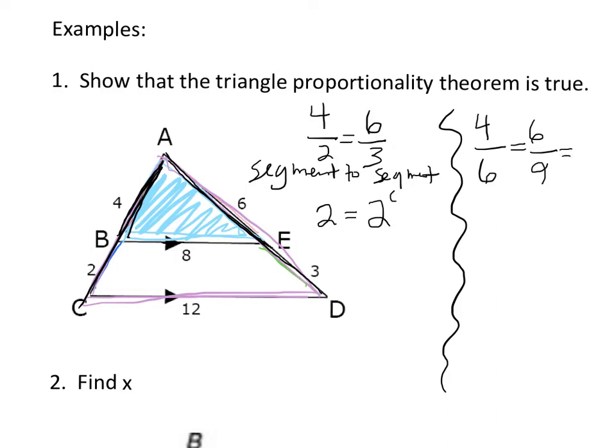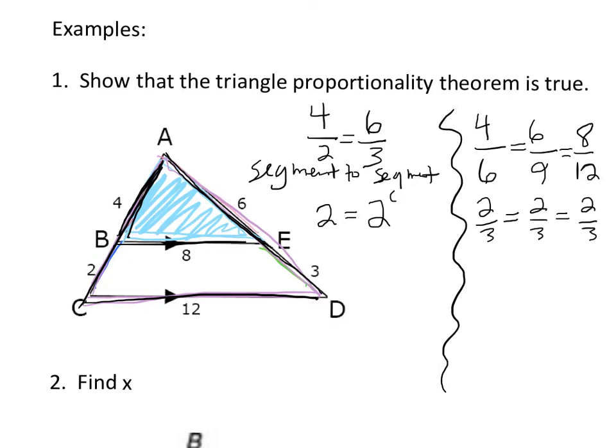And why not just do the last side? I could say that 8 should be equal to 8 over 12, so the little one over the big one. And if I simplify all those down, I get 2 over 3, divide both those by 3, and I get 2 over 3, divide both those by 4, and I get 2 over 3. So that also works.